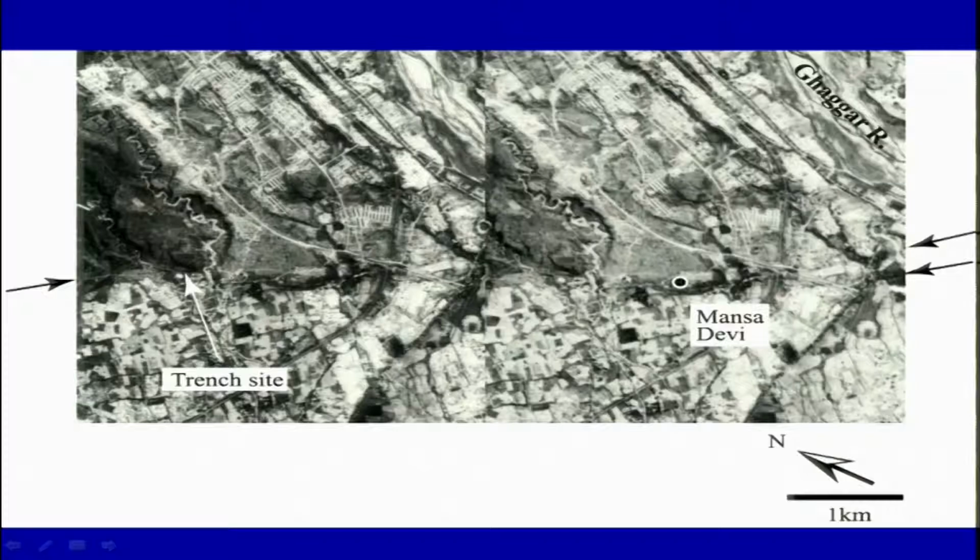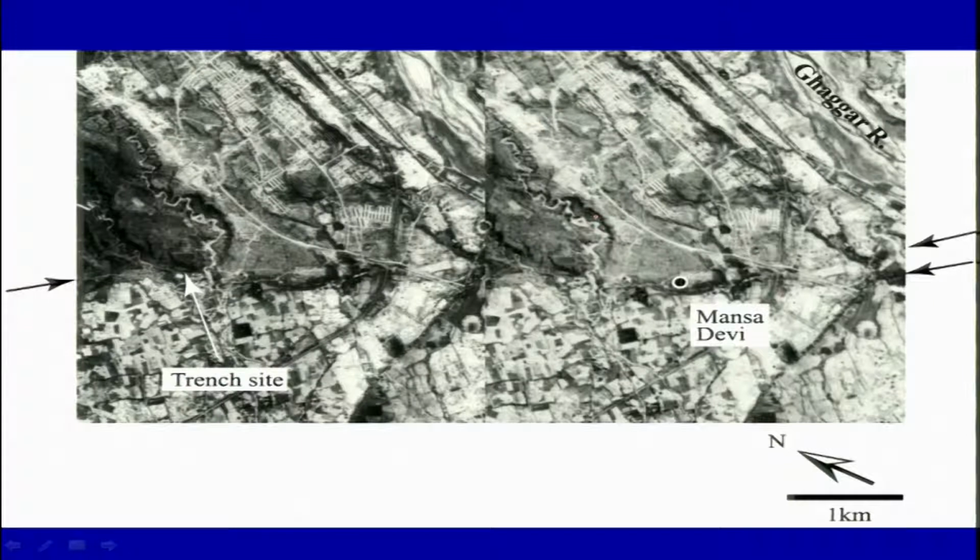Right now, in both photographs you see a very flat area, with a slight indication of darker tone. These are all incised valleys, where the river has cut, so these are the river banks. But the depth perception you will only see when you view the two images, forward and aft, and generate the three-dimensional view of the terrain.